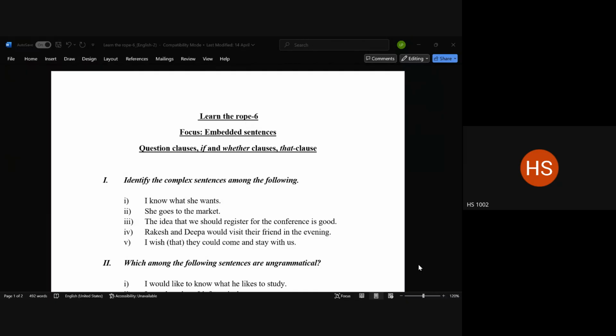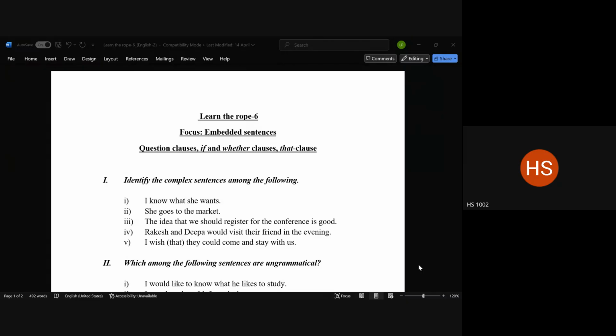So in this one, we are not looking at the types of clauses. We are looking at what kind of form these clauses can actually take in our construction. There are several ways in which you can construct these noun clauses and adverbial clauses and adjectival clauses, right? While they perform the function of a noun or an adjective or an adverb, they could also appear in various forms.